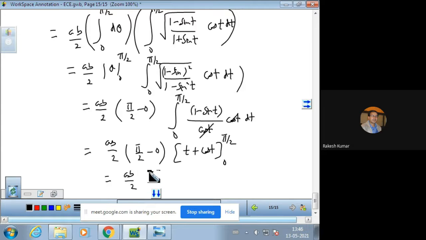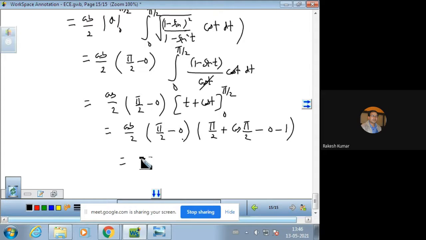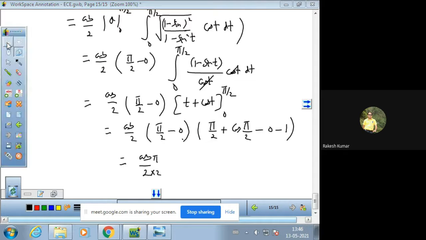Now put the upper limit, that is pi upon 2 plus cos pi upon 2, minus 0, and cos of 0 is 1. You can remove this 0 right here.